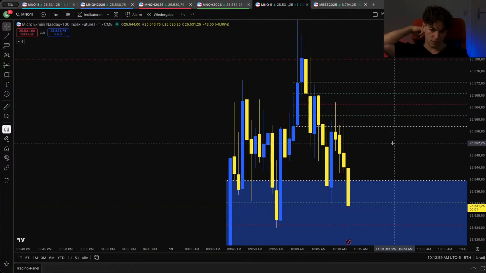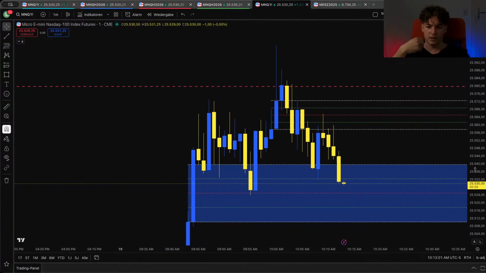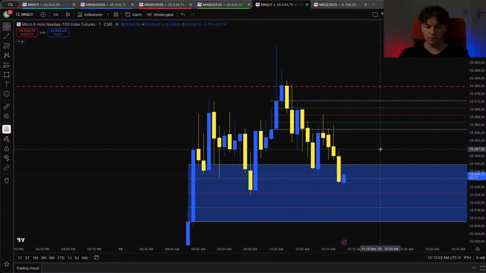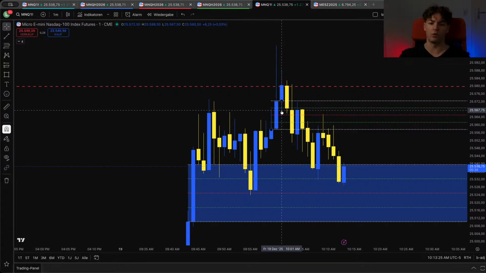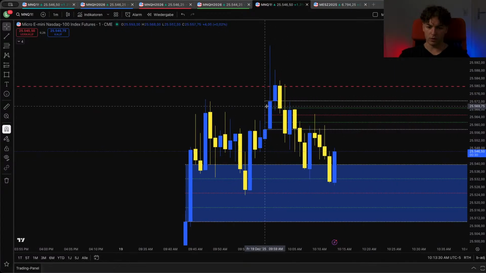A suspension block is more or less like a fair value gap, but you have a volume imbalance below and a volume imbalance above, and it doesn't matter if these wicks touch each other or if this wick covers this whole entire range and doesn't leave a normal inefficiency there. So yeah, that's a suspension block.